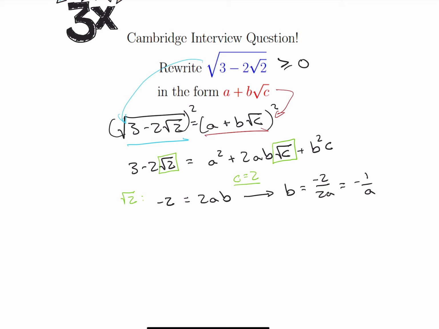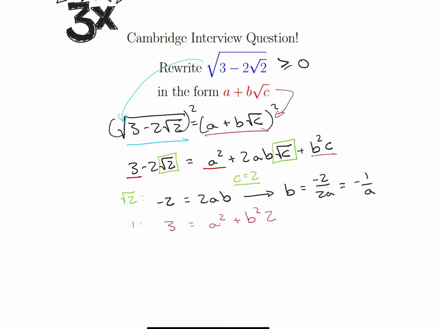Okay, so now let's look at the other terms. We have this 3 on the left, and we have this a squared plus b squared c. So these are in just one column. So 3 on the left is equal to a squared plus b squared c. And we know that c is equal to 2, so we can plug that in there.